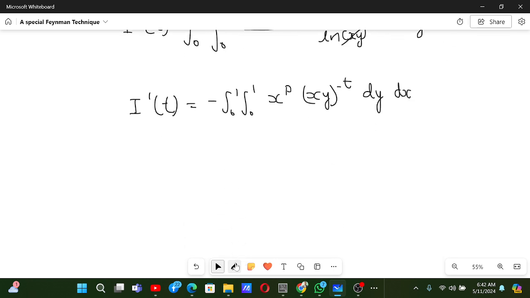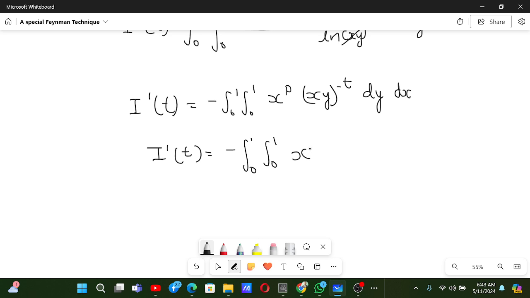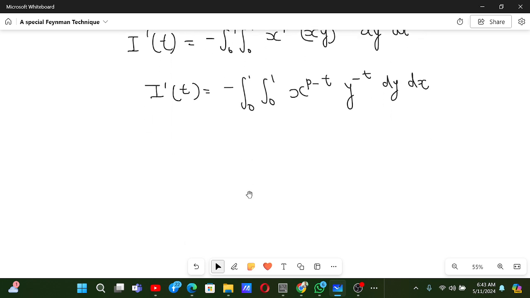Yeah, now I'(t) is the negative of the integral from 0 to 1, integral from 0 to 1 of x^(p-t) y^(-t) dy dx. Now we can integrate this separately, x in one integral and y in the other integral. Yeah, we can do that.